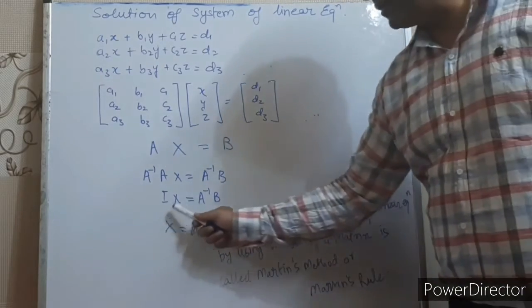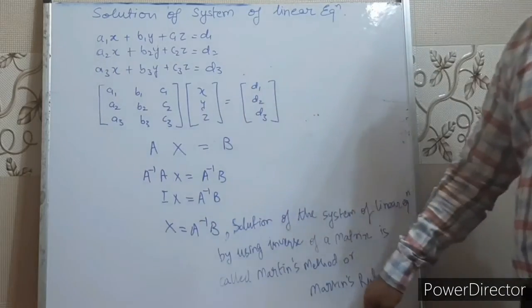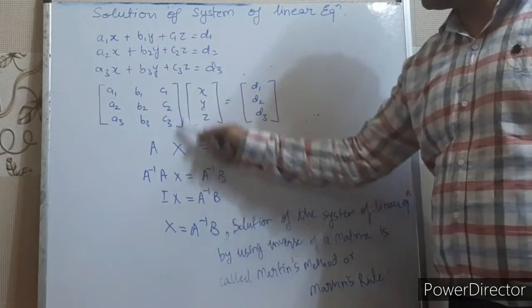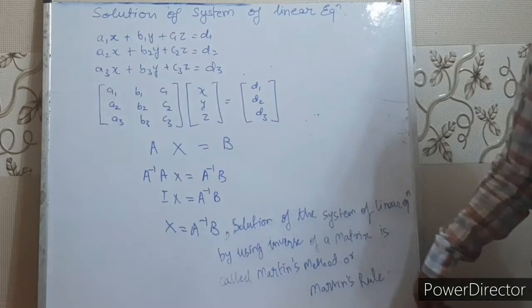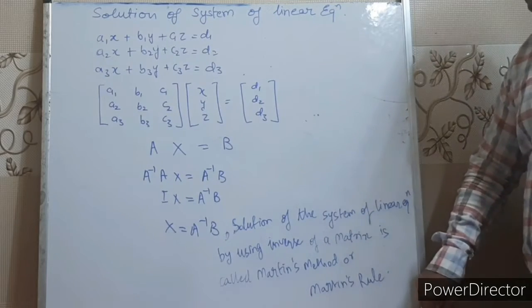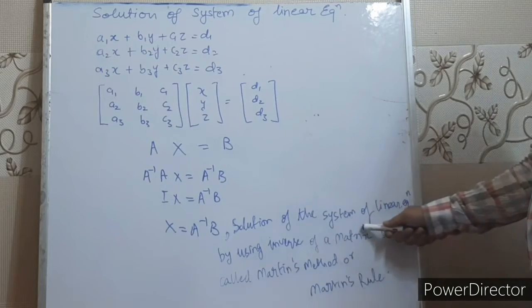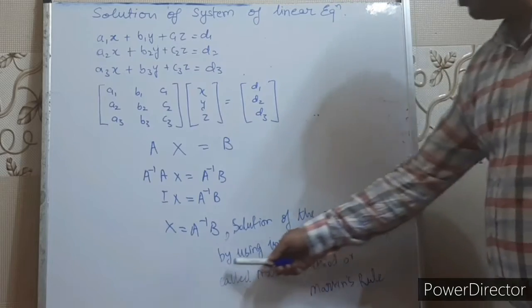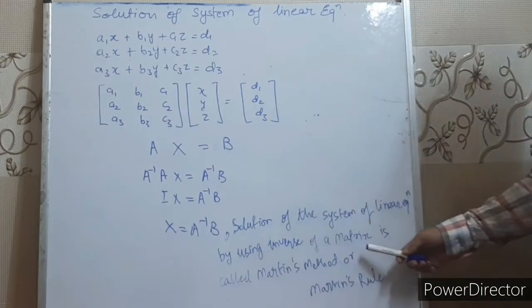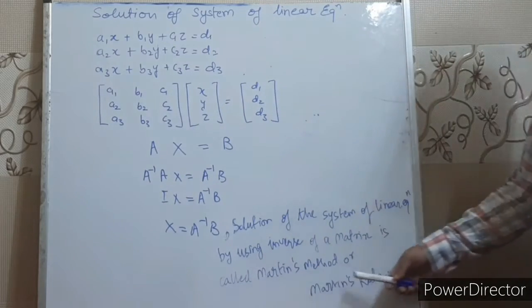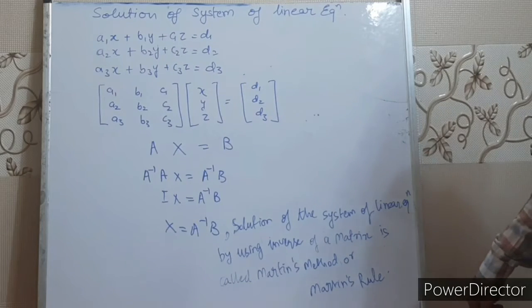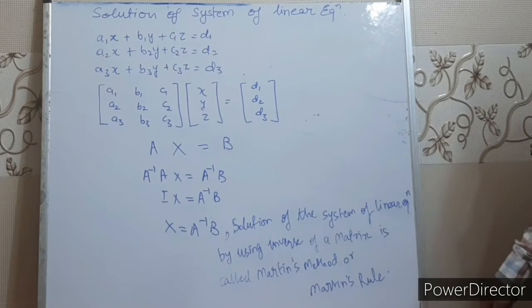Now, identity matrix into X is equal to the X matrix. So the value of the X matrix will be A inverse into the B matrix. So from here we can say that the solution of a system of linear equations by using the inverse of the matrix is called Martin's method or Martin's rule. Right, children? Please note down.